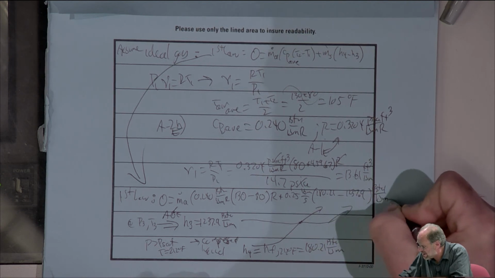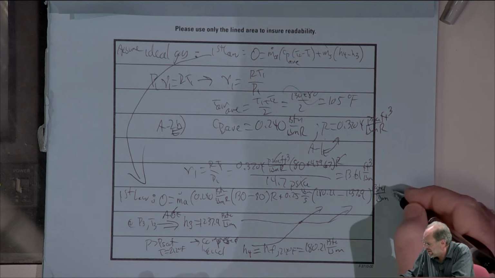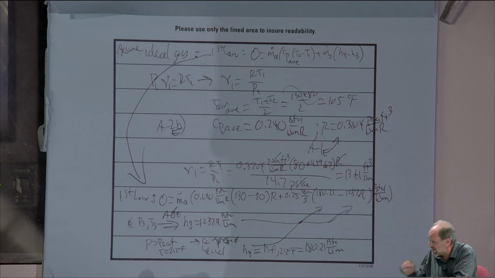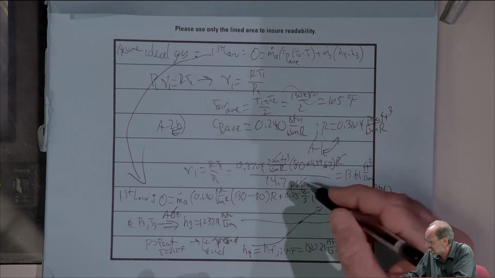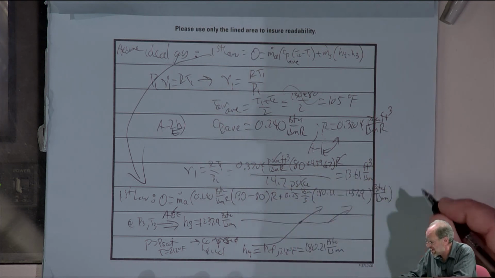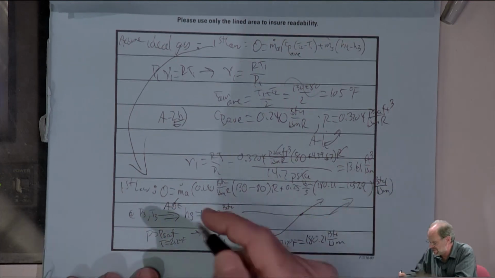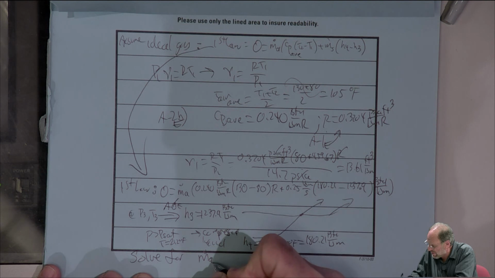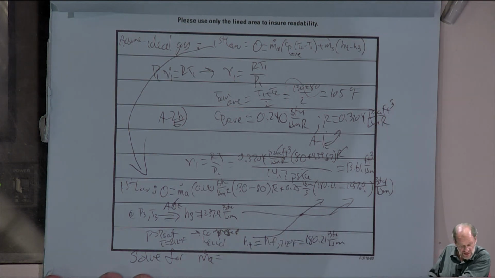BTUs per pound mass. Well, if you go through the entire problem, then you should be able to see that everything's going to cancel out. The units are going to work out properly. Let's put that here. And we can solve for the air mass flow rate at this point.